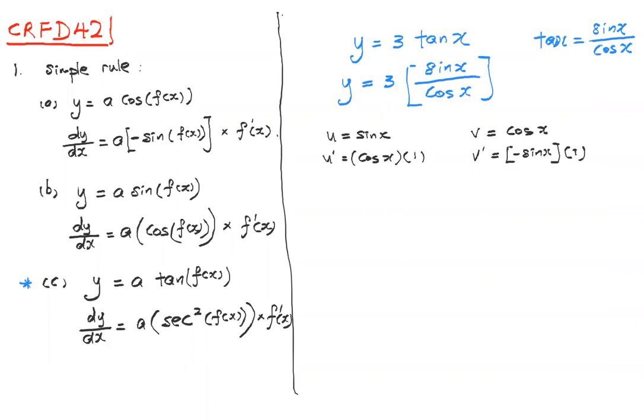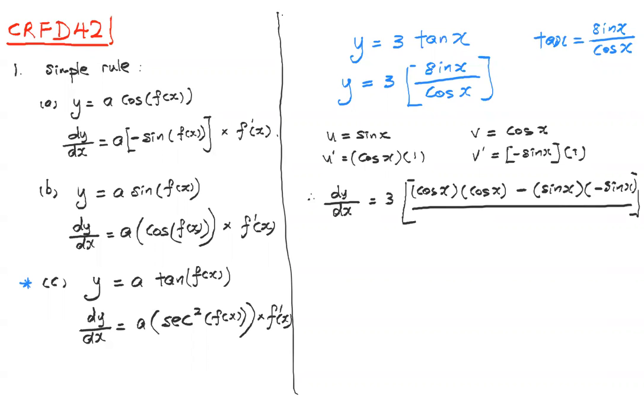So therefore, your dy dx will be equal to 3 times of v times u prime, take away u times v prime, the whole thing divided by v squared.